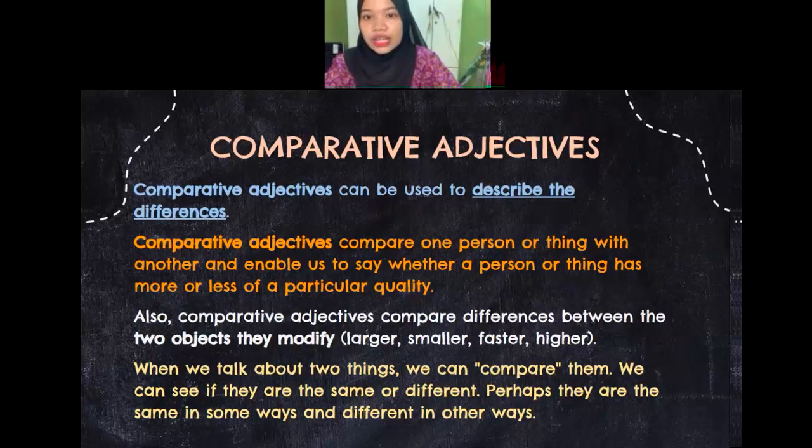Also, comparative adjectives compare differences between two objects they modify, for example, larger, smaller, faster, and higher. When we talk about two things, we can compare them. We can see if they are the same or different. Perhaps they are the same in some ways and different in others.